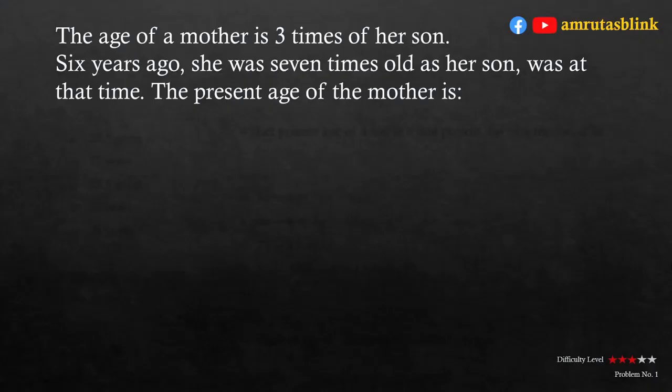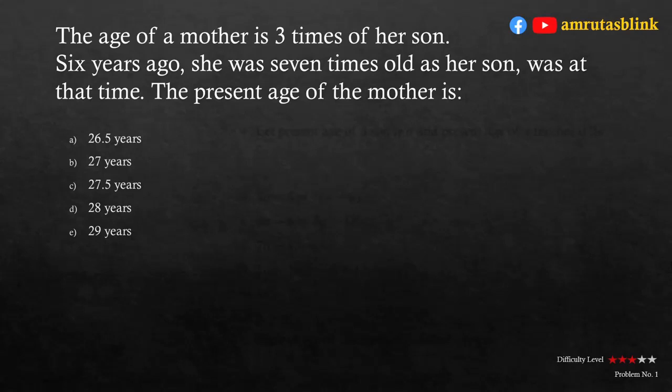The age of the mother is 3 times of her son. 6 years ago, she was 7 times old as her son was at the time. The present age of the mother is. Options are given: 26.5 years, 27 years, 27.5 years, 28 years and 29 years.